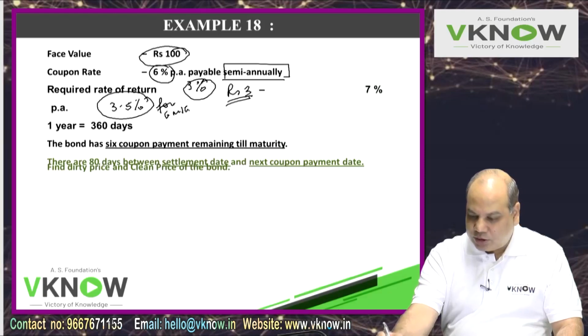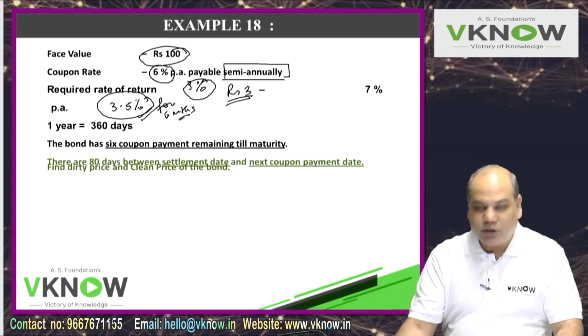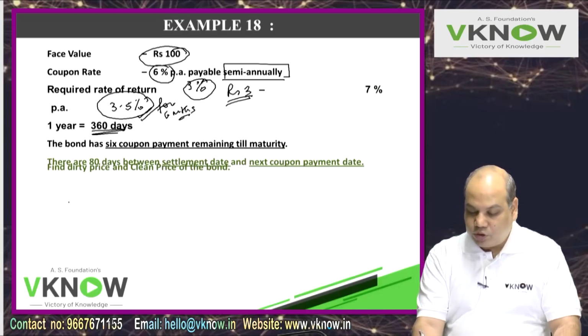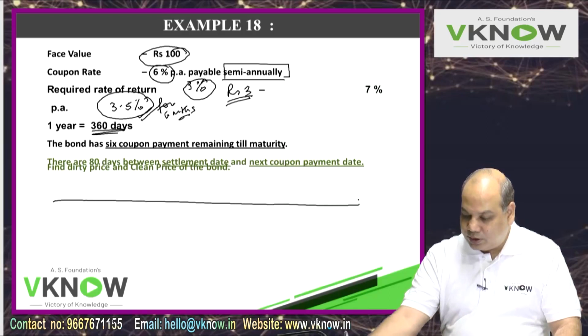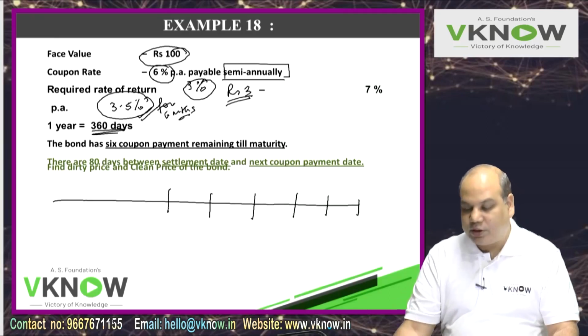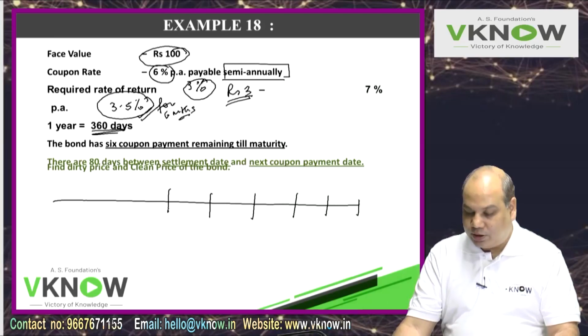So our discounting factor will be based on 3.5%, and this time they are saying 1 year is equal to 360 days. The bond has 6 coupon payments remaining till maturity. So how many coupon are still pending? 6 coupon are pending. There are 80 days between settlement date and the next coupon payment date.